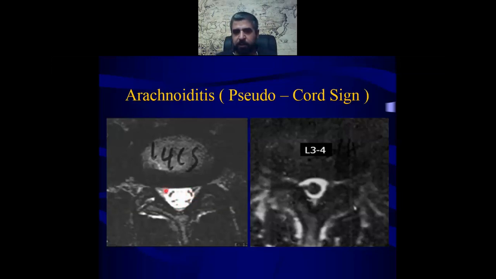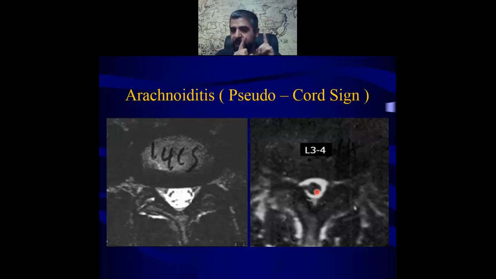The nerve roots are evenly distributed within the thecal sac. But at the L3-4 level, at another level, there is a cord. We said that the spinal cord ends at L1, maybe L1-2 level. At L3-4, we should not see a spinal cord. So what's this? This is clumped nerve roots forming a pseudo-cord sign due to arachnoiditis.